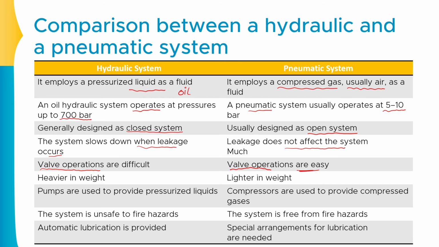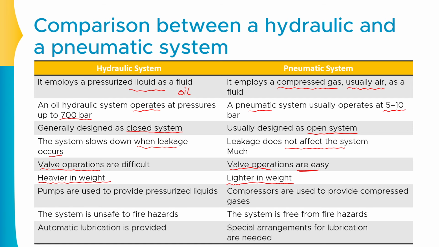And as the hydraulic systems handle heavy loads, with almost 700 bar pressure, in that specific case we have to use heavy machinery, and that is why they have heavier weights. In the pneumatic systems, we can use lightweight equipment, so they normally have lighter weights.